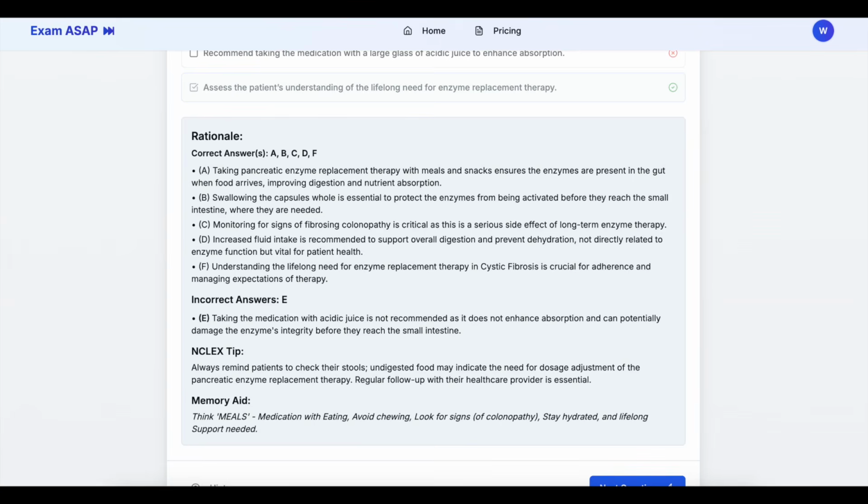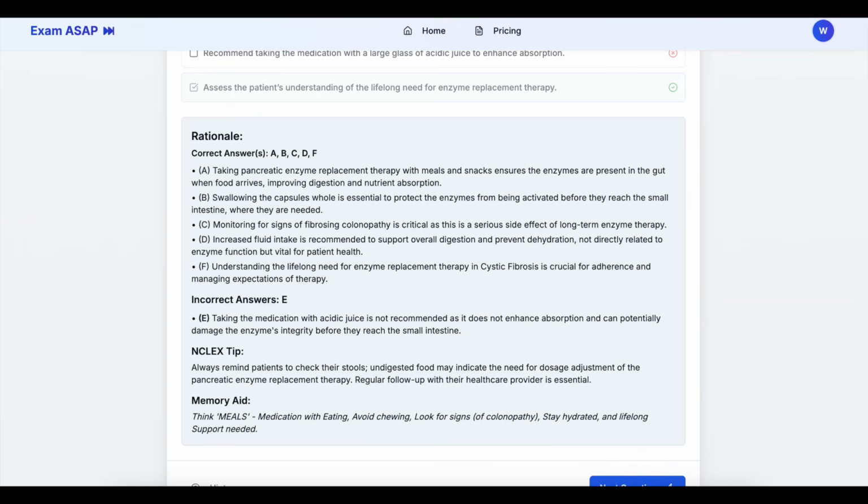A. Taking pancreatic enzyme replacement therapy with meals and snacks ensures the enzymes are present in the gut when food arrives, improving digestion and nutrient absorption. B. Swallowing the capsules whole is essential to protect the enzymes from being activated before they reach the small intestine, where they are needed.